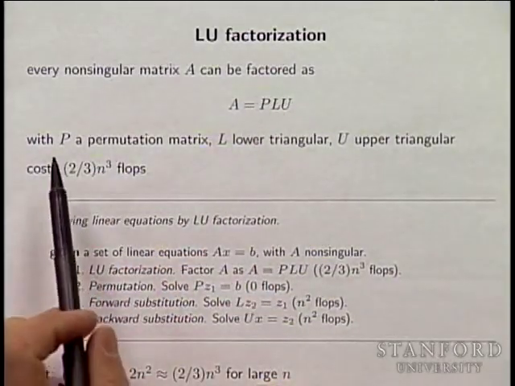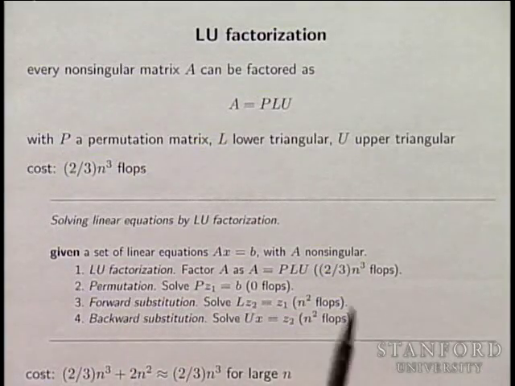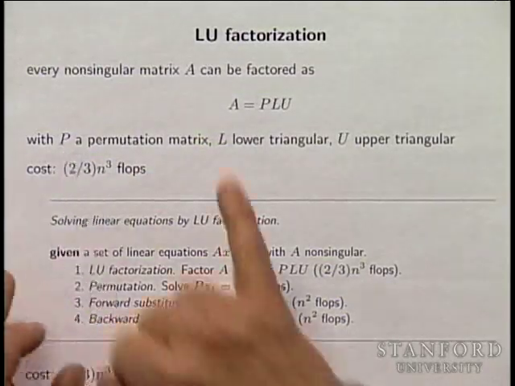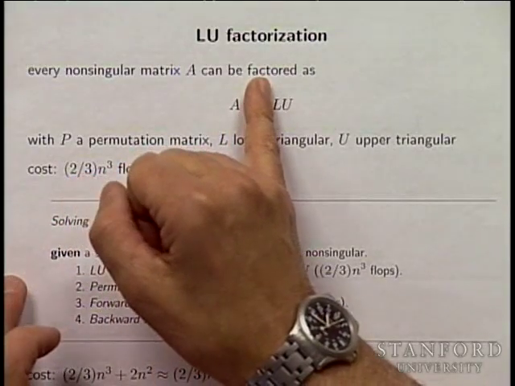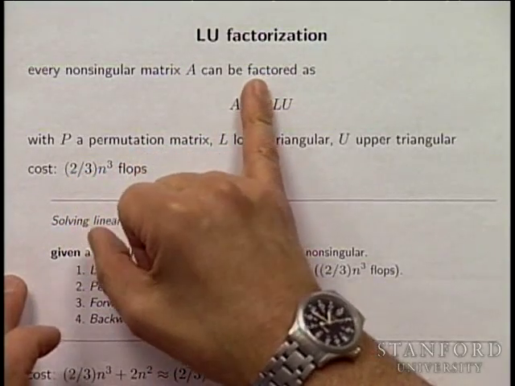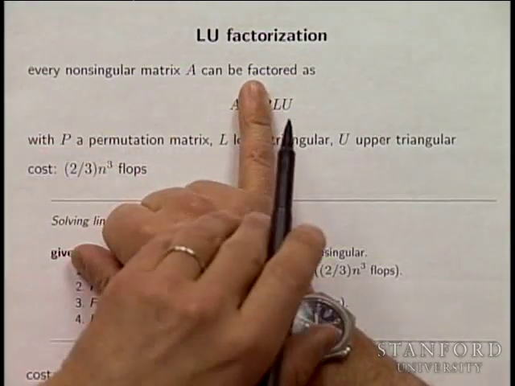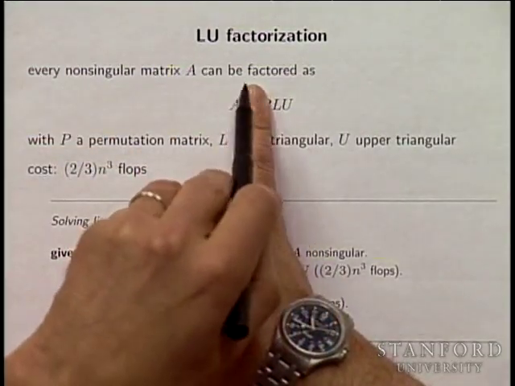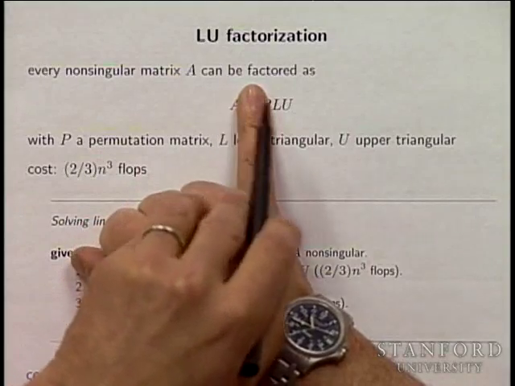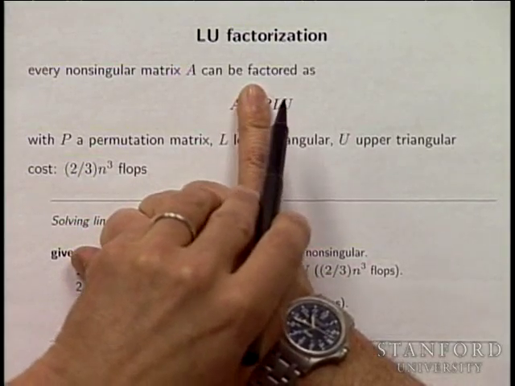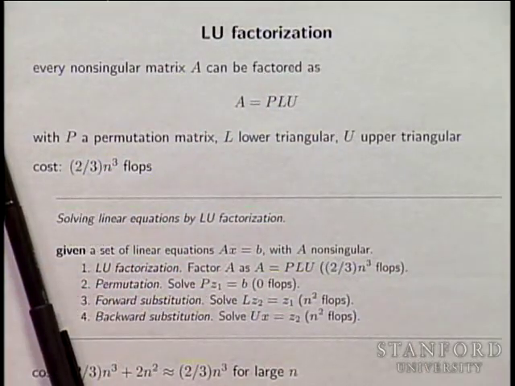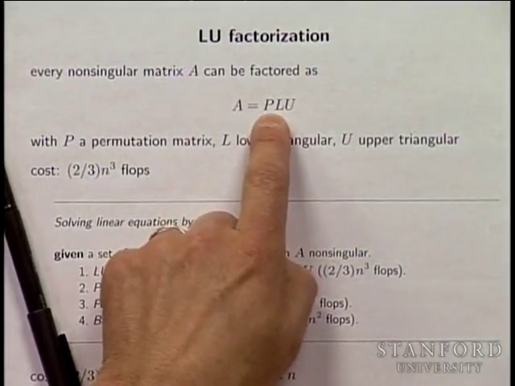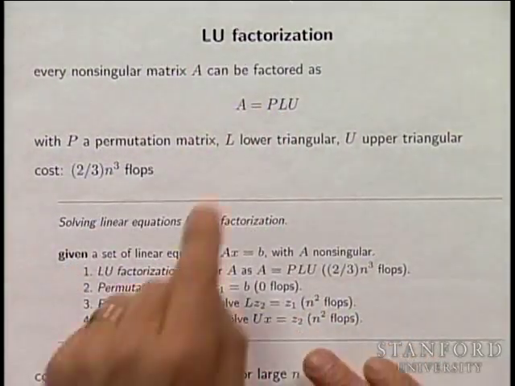Now the permutation matrix is absolutely required. You can easily make up a matrix A that's non-singular, but which cannot be written as LU. So you may have to permute rows to make it work.